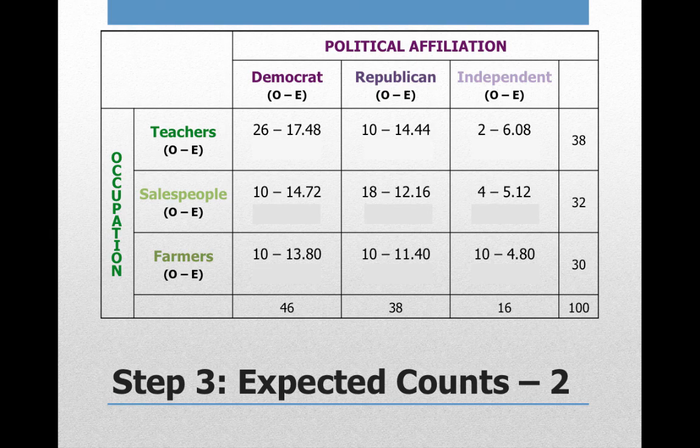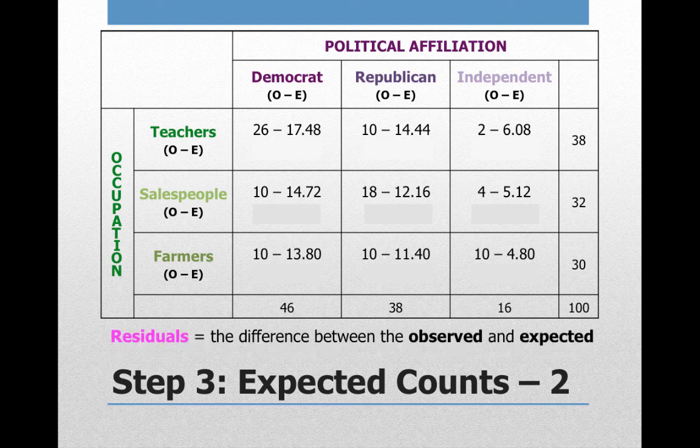So once we've identified what our expected counts are for each of our cells and each of our events, we can then calculate what's called residuals. Well, residuals is simply the difference between our observed and our expected counts. So our observed counts is simply what it is that we actually see within our sample.